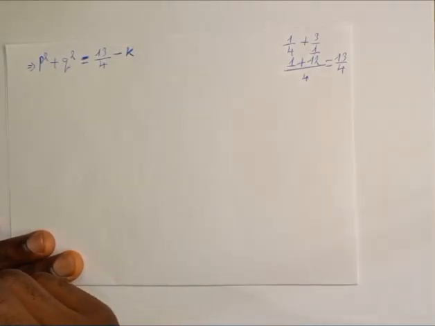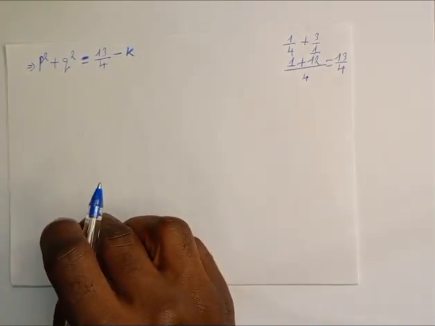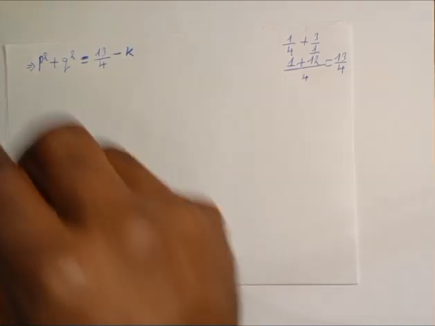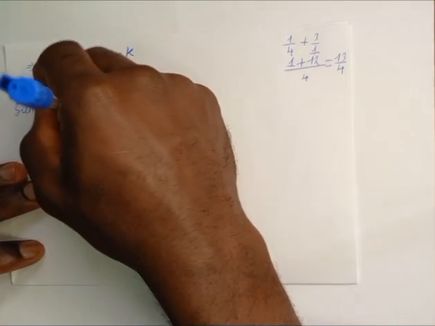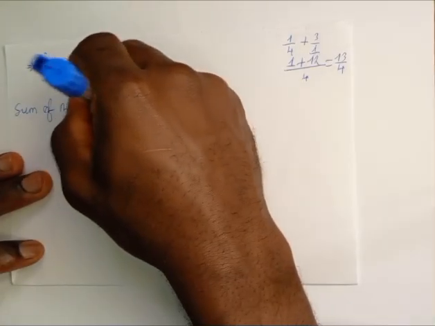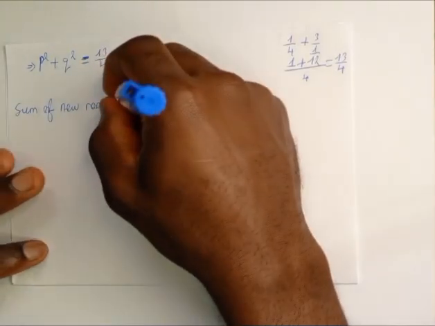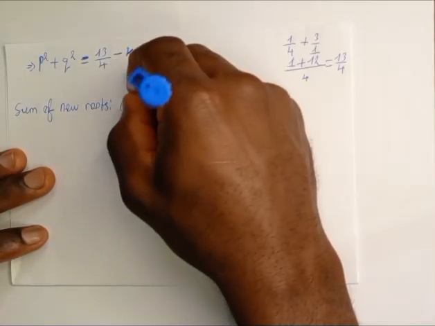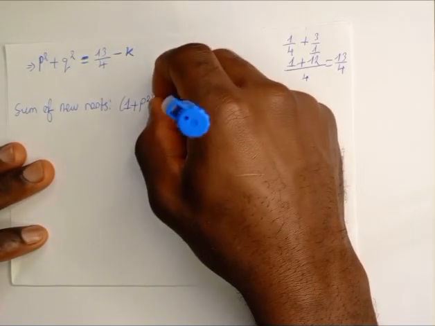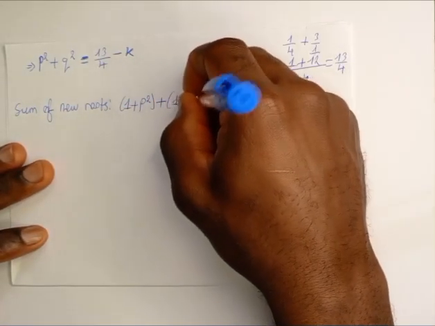Now we can proceed to find the equation with roots 1 plus p squared and 1 plus q squared. So the first thing we need is the sum of new roots. We are going to take 1 plus p squared plus 1 plus q squared.